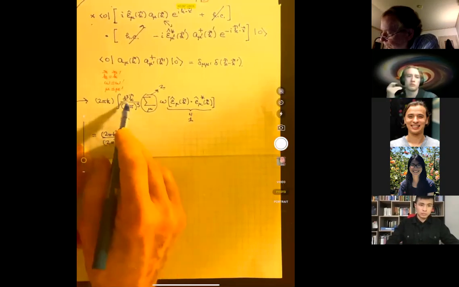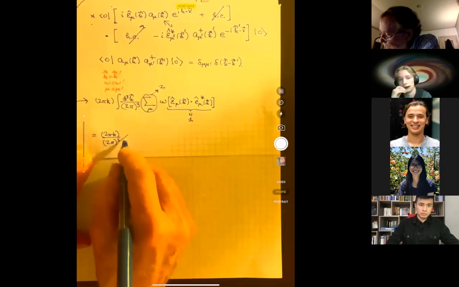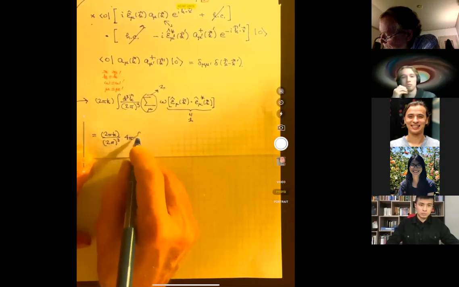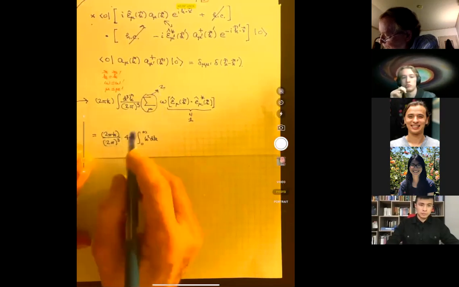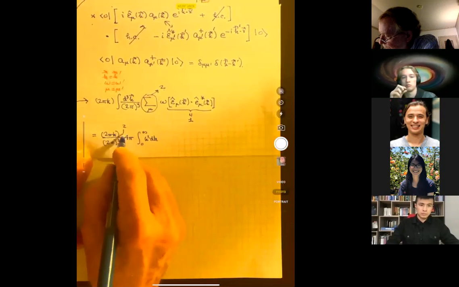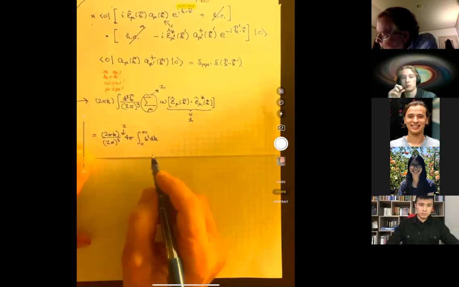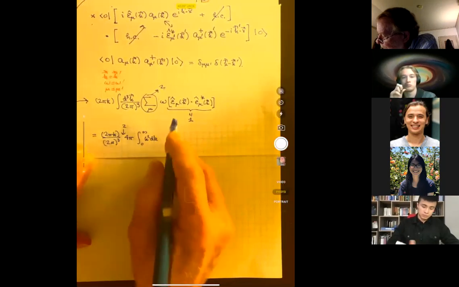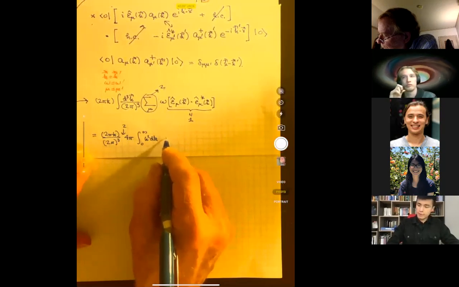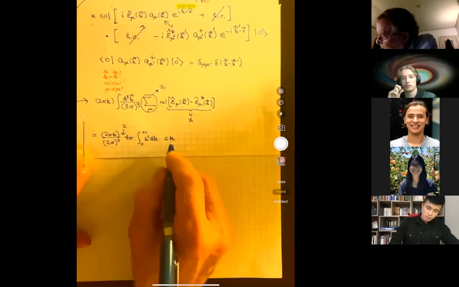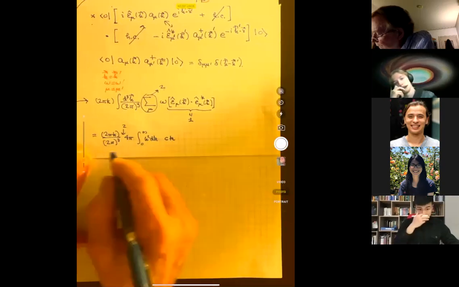If I take this integral over k and go to polar coordinates, I get a 4 pi for the solid angles and then an integral from 0 to infinity of k squared dk. What's left of the integral? The sum on mu, as I said, turned into 2, so let me stick a 2 in there. And then what we have left is omega, which I'll write as c times k. And that's it. That's what we get.